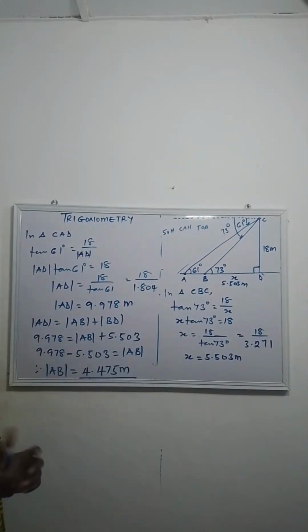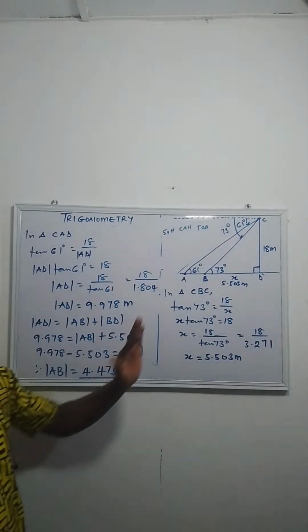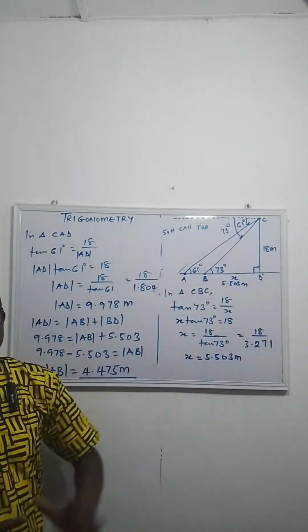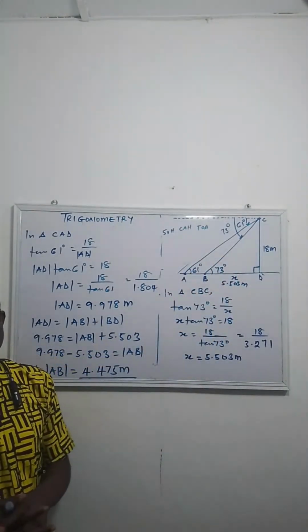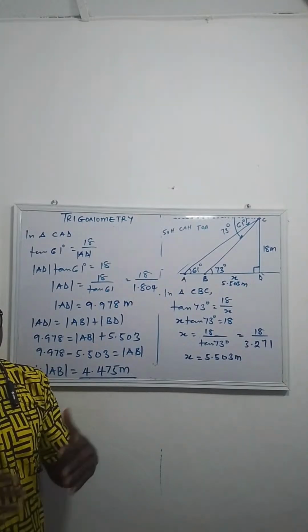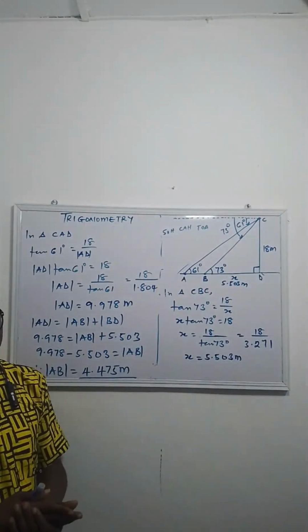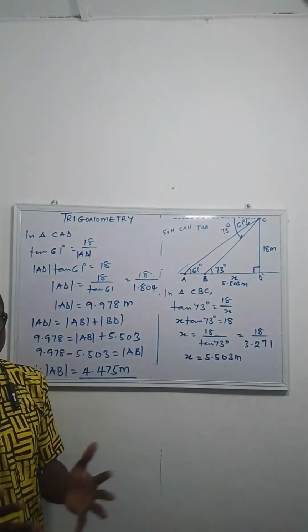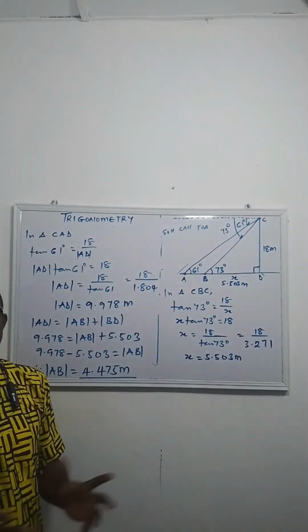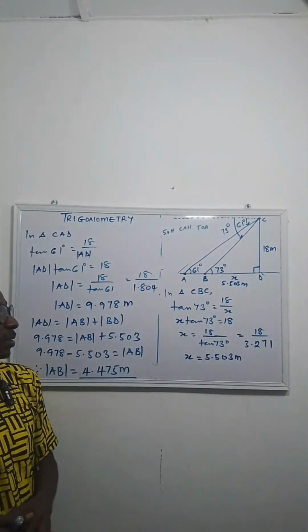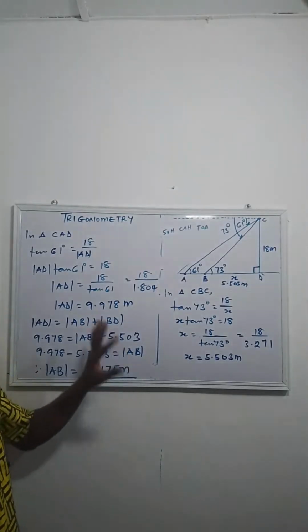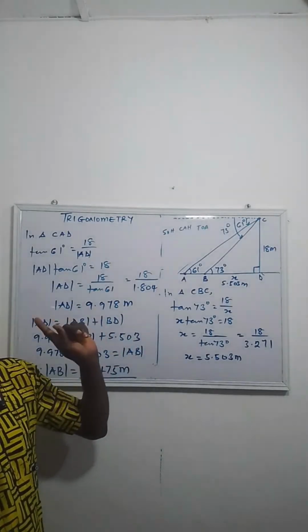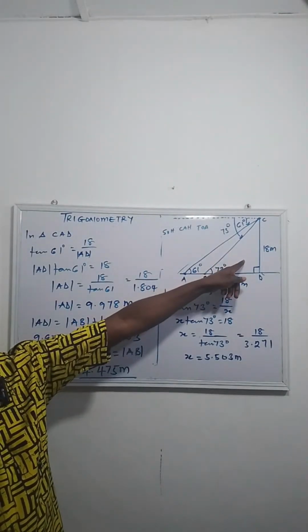When answering questions like this, for those of you that will be writing WAEC and NECO, there are certain things students just overlook, and they wonder why they don't have A's in mathematics. When a question like this is given, the most important thing is your diagram.